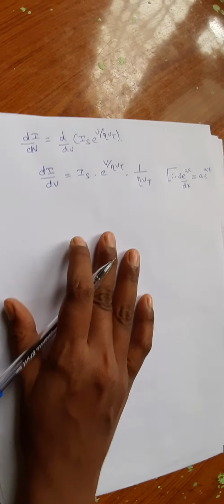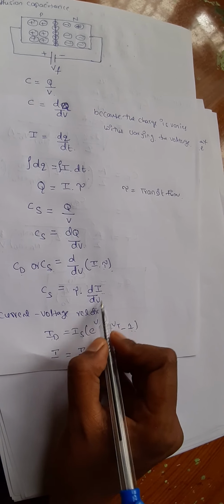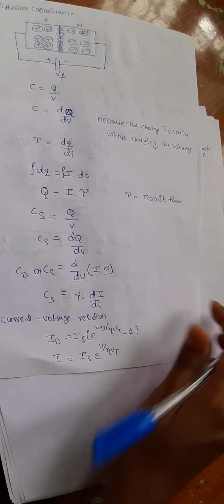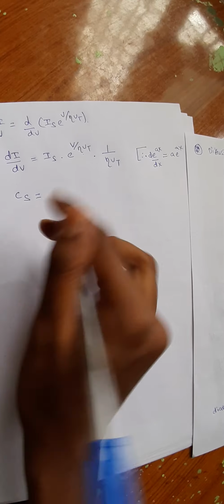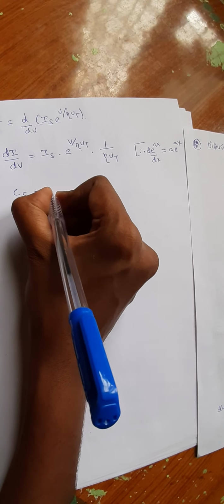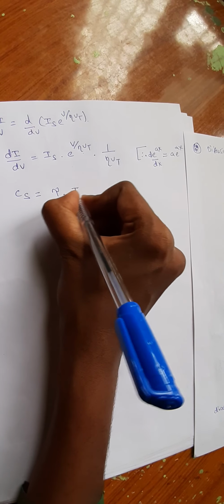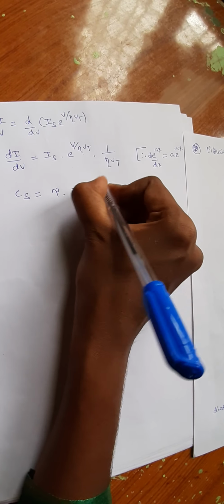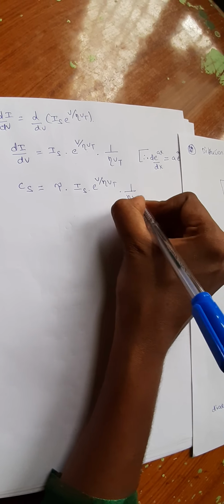I am substituting this value of di by dv in this Cs. Now we get Cs is equal to tau into Is e power v by eta Vt multiplied by 1 by eta Vt.